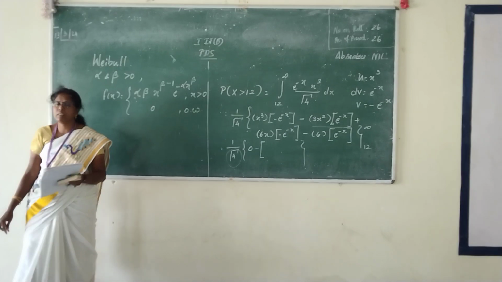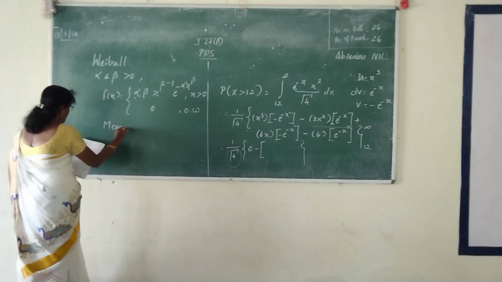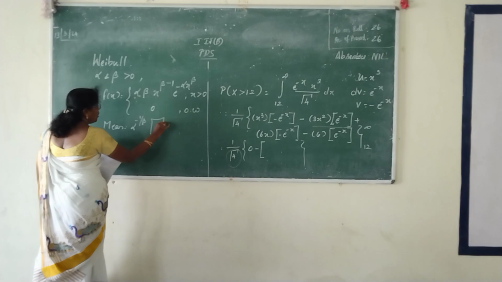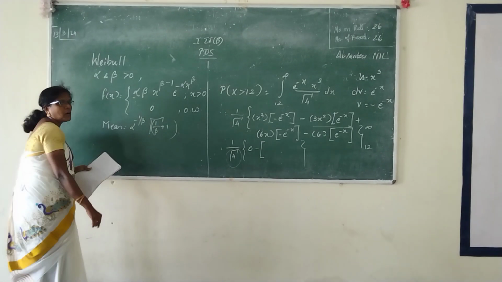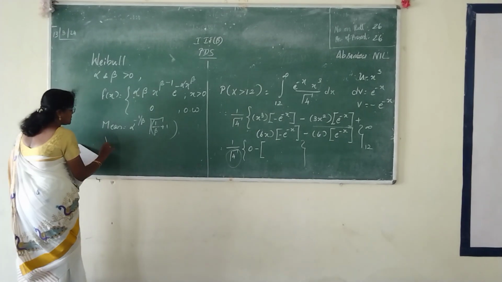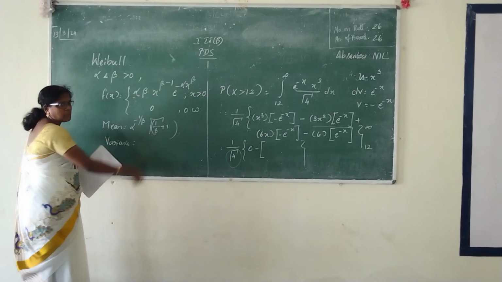So write, mean is equal to alpha power minus 1 by beta gamma of 1 by beta plus 1. Second one, variance. I know that it is not easy to memorize this one, but try.